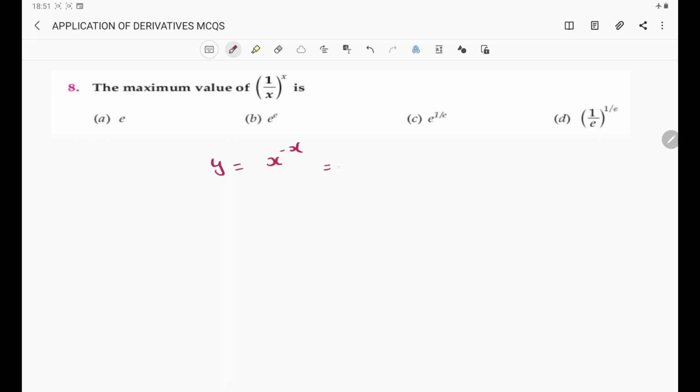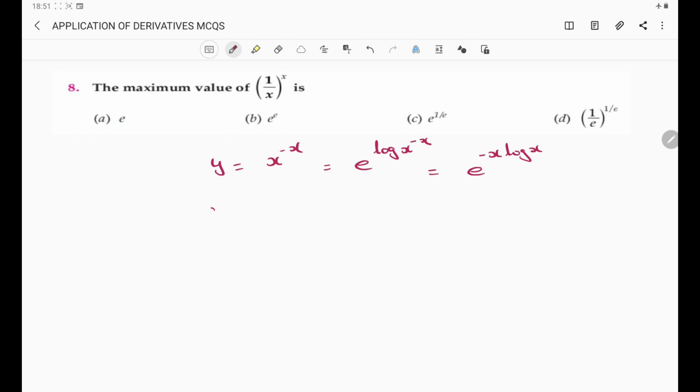And this can be written as e to the power of log of x to the power of minus x, which can be written as e to the power of minus x log x. So x to the power of minus x is the same as e to the power of log of x to the power of minus x, and that is also written as e to the power of minus x log x, because log of n to the power of m is m log n.